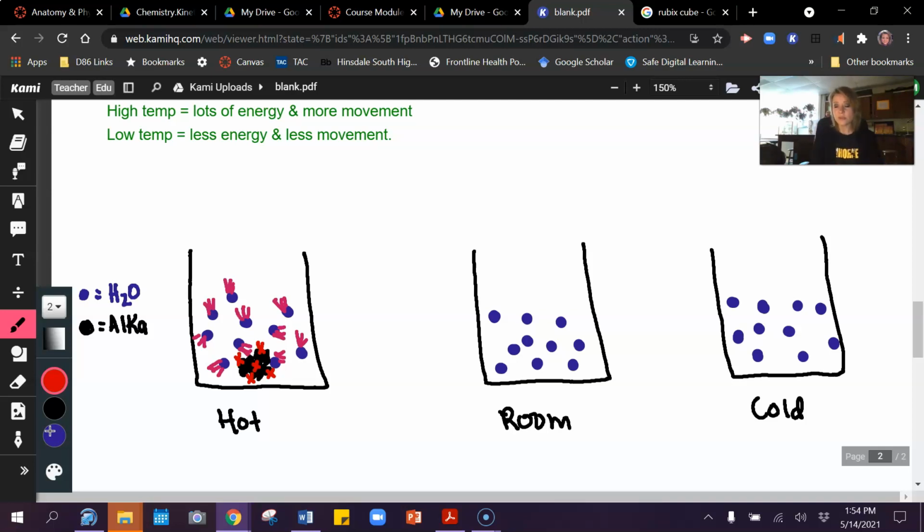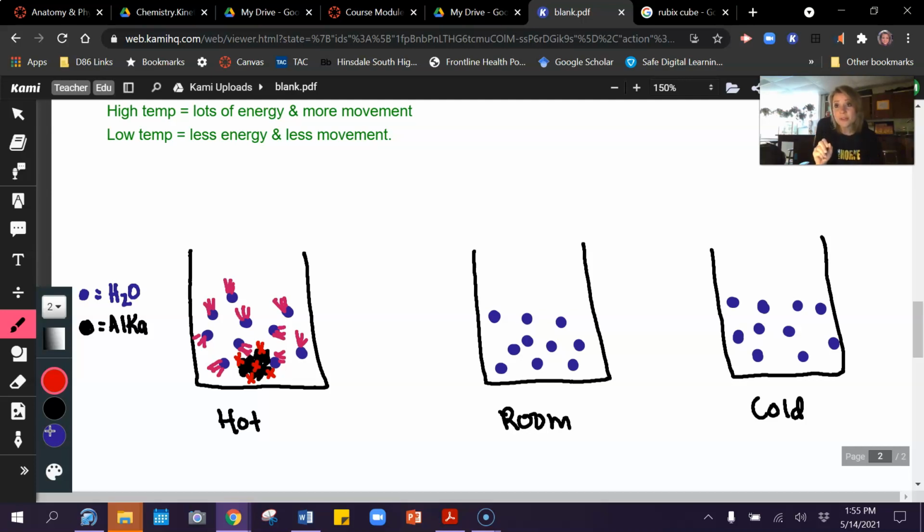These water molecules are hot. They have a lot of energy. They're moving around very, very quickly, and therefore they're like the car traveling at a higher rate of speed and then colliding with something else. The transfer of energy is greater because of the speed at which it was traveling. So since these molecules are traveling around faster, they're going to collide with more force with the Alka-Seltzer tablet.